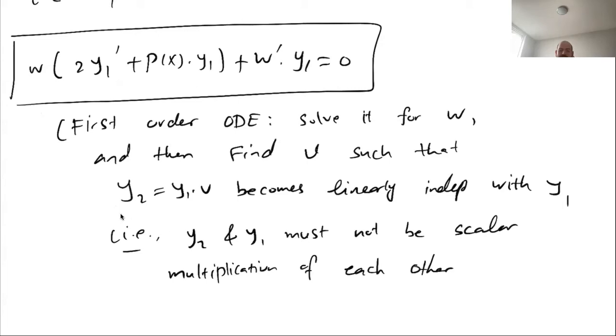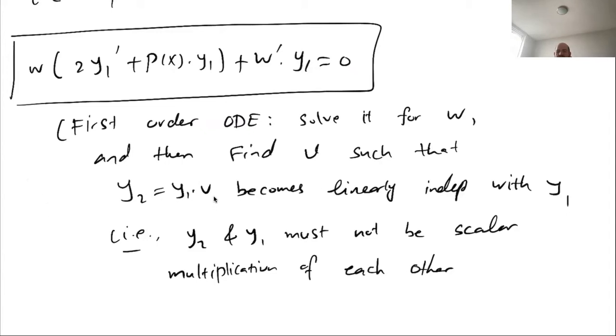You can choose those constants whatever way you want, but the only thing you have to make sure of is that you choose them appropriately so that y2 and y1 do not become scalar multiples of each other.